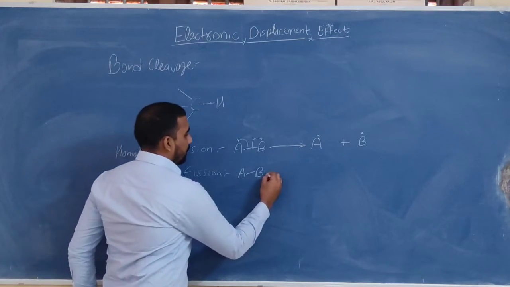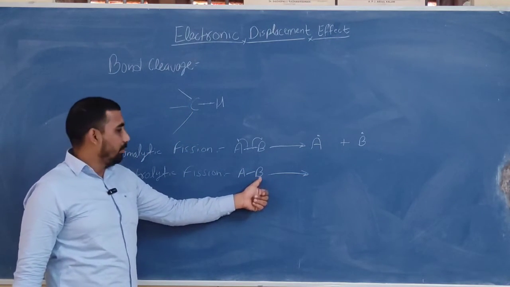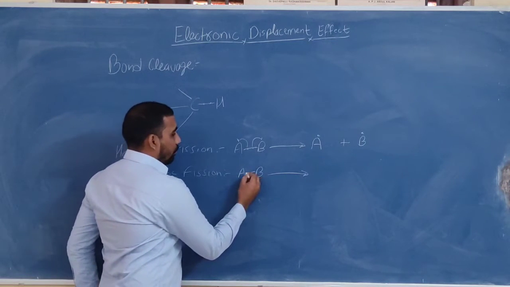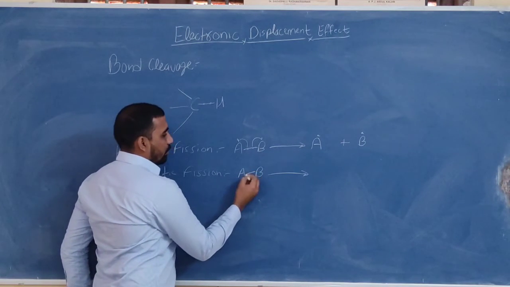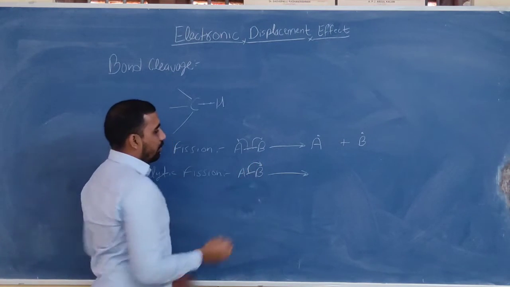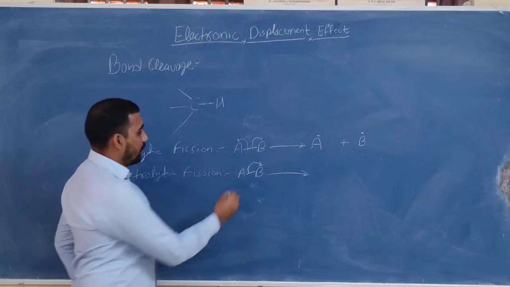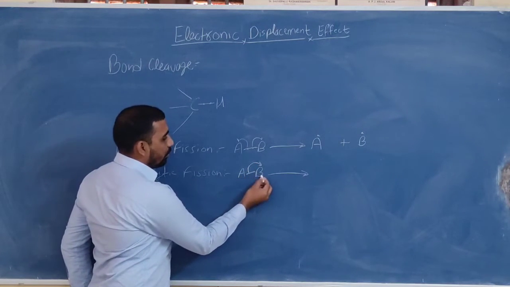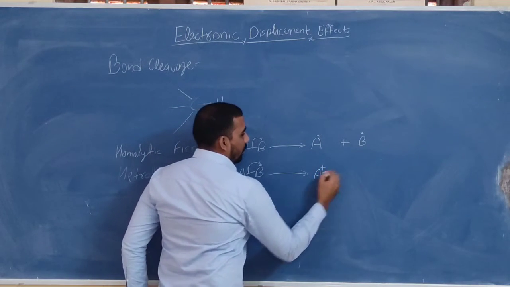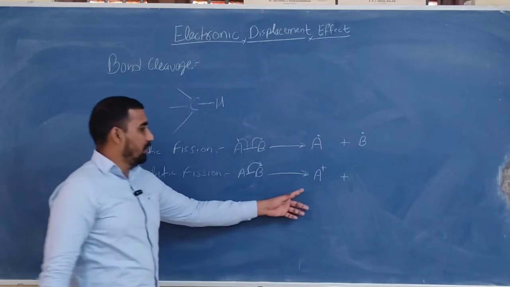What happens in heterolytic fission? Suppose the electronegativity of atom B is more than atom A. Both the electrons shared between these two atoms are now taken by only atom B. Now we will show this with a double-headed arrow. It means that both the electrons are going to atom B. Now it will result in the formation of a positively charged species, and we should not say atom.